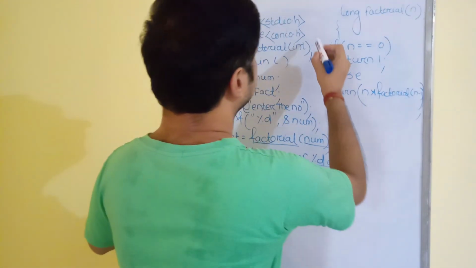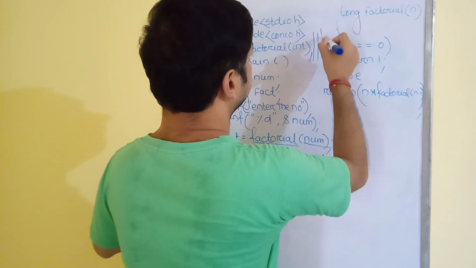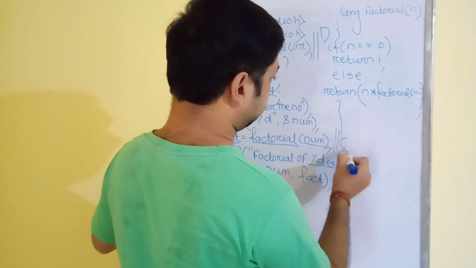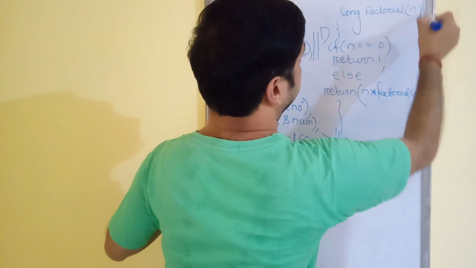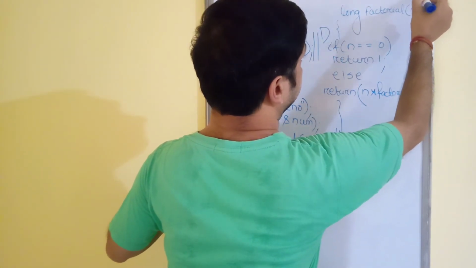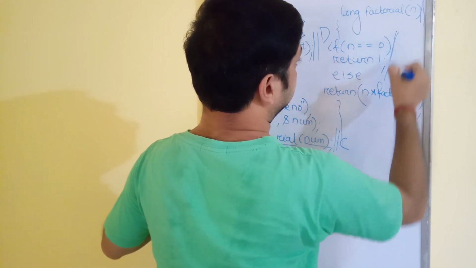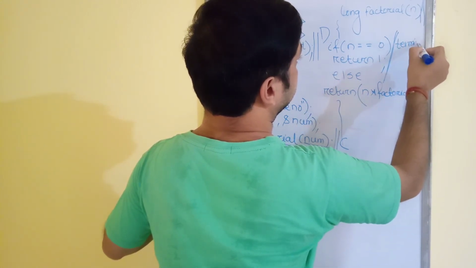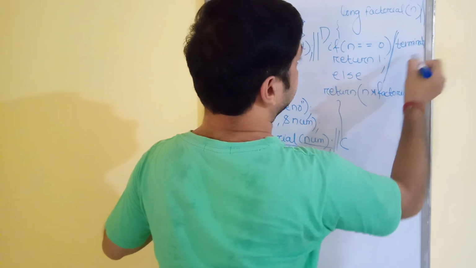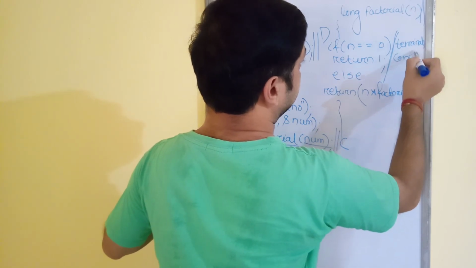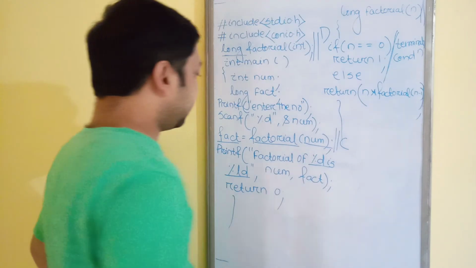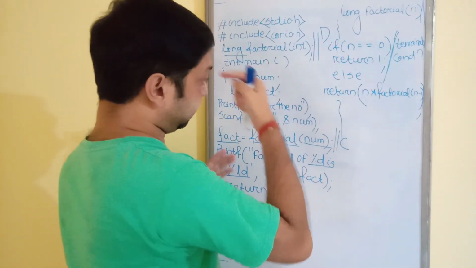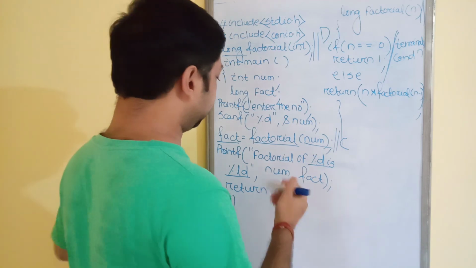Now you can see this is your declaration, this is your function call, this is your definition, and this is your terminating condition in recursion.